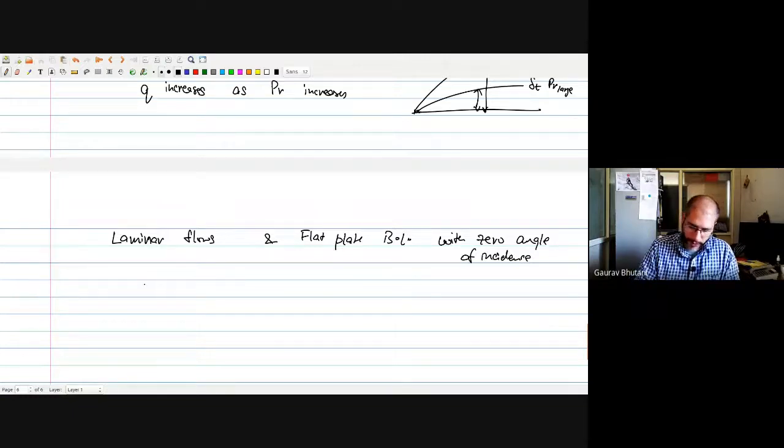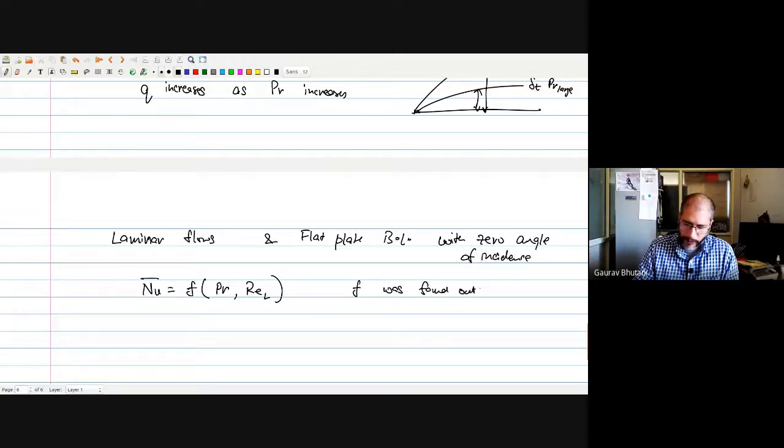So this functional dependence of the Nusselt number was demonstrated. If I use Nu bar, which is more common because we tend to find the complete rate of heat transfer, this was dependent on Re_L, and this particular function F was found for flat plates.